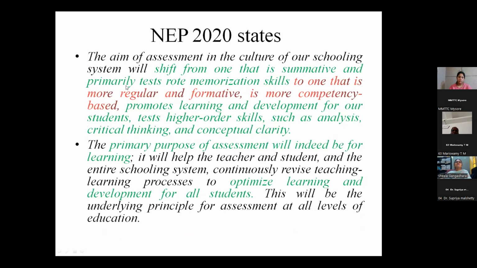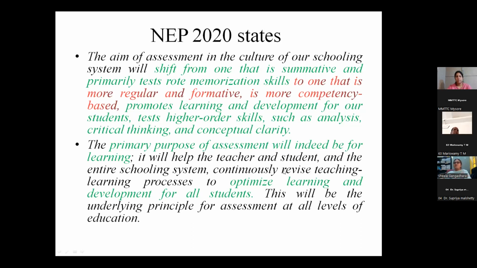Instead of testing rote memorization skills, we have to test higher order skills like analysis, critical thinking, and conceptual clarity, whether the child has achieved the competency of higher order skill. That should be the assessment pattern.